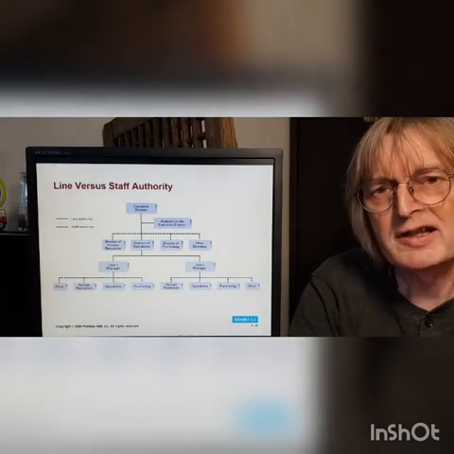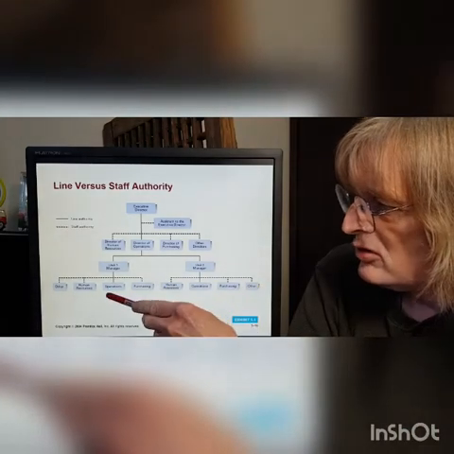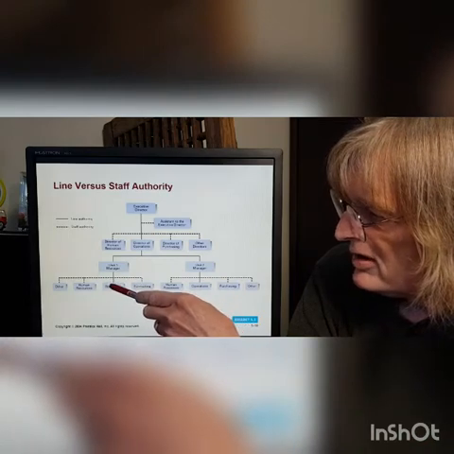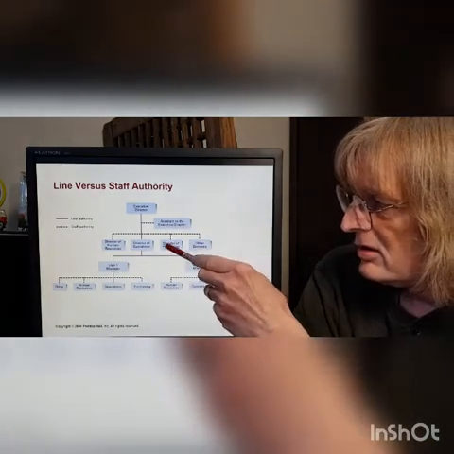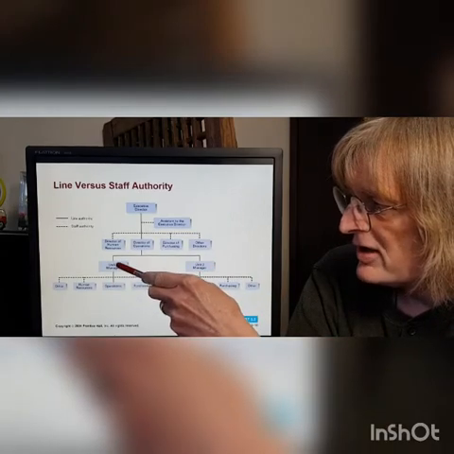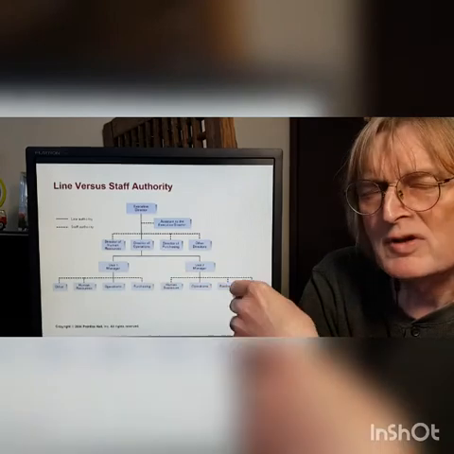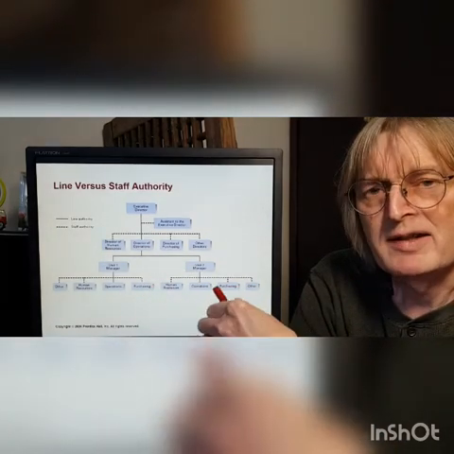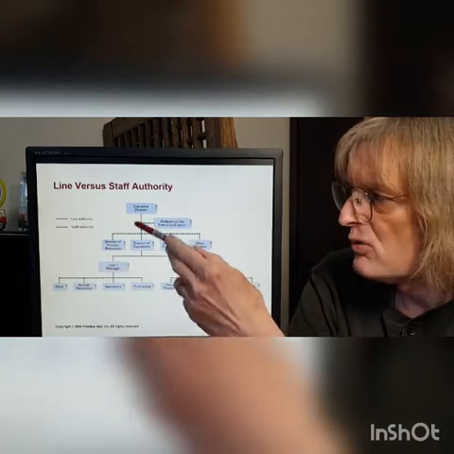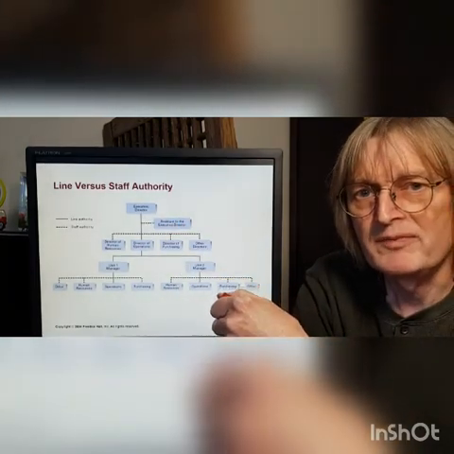Staff authority is a little different. You might have a chain of command, somebody coming up through here. So this person reports to this person, but also these people are senior as well. They're staff, they're people who are there to support the managers above them.